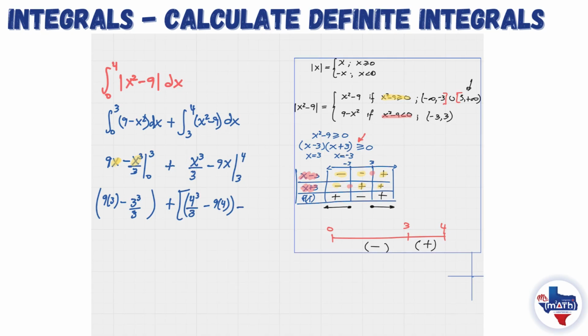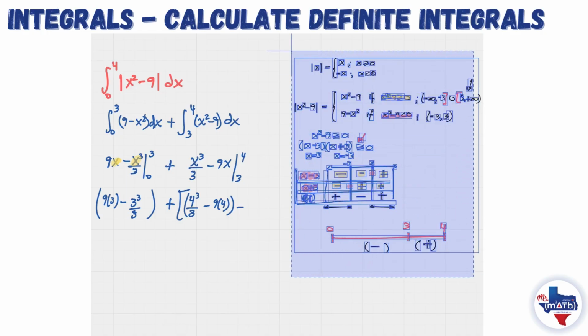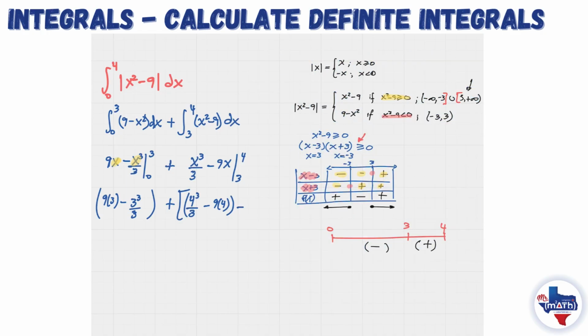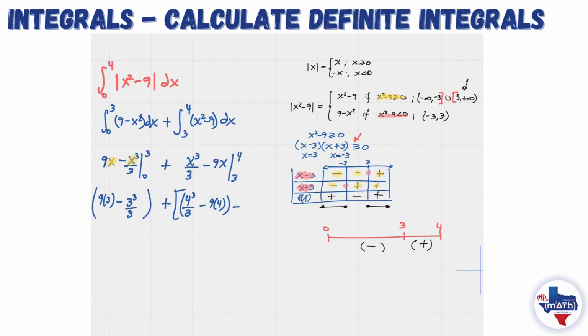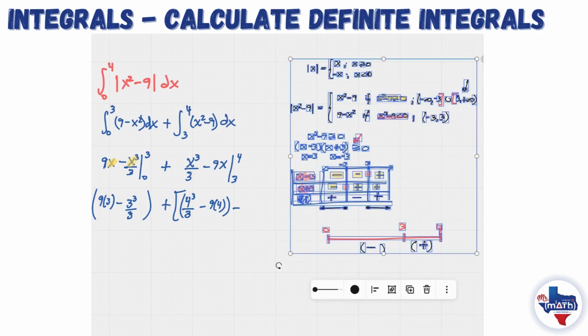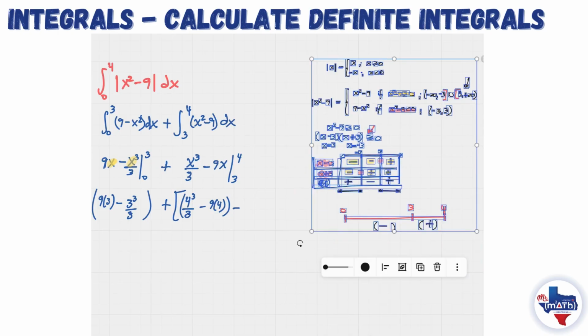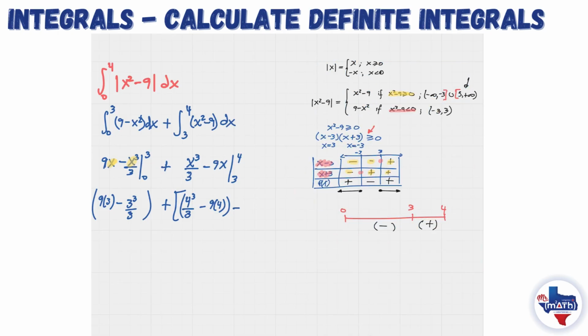Let's move this a little bit more to the right. Okay, so we'll have 3 to the cube over 3 minus 9 times 3.